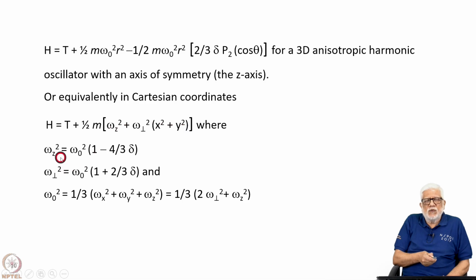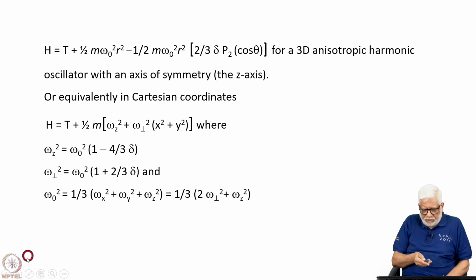And it turns out that if you want to again conserve the volume of this sphere, then you get omega z squared is equal to omega 0 squared times 1 minus 4/3 delta, and omega perpendicular squared is omega 0 squared times 1 plus 2/3 delta. So, omega 0 squared is equal to 1/3 of the sum of the squares of omega x, omega y, and omega z, and this is just 1/3 of 2 omega perpendicular squared plus omega z squared.